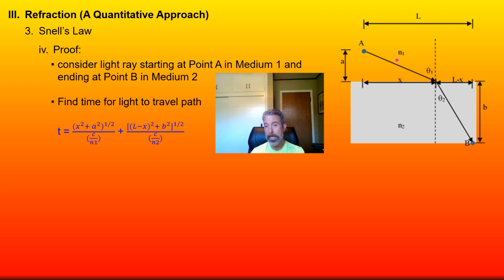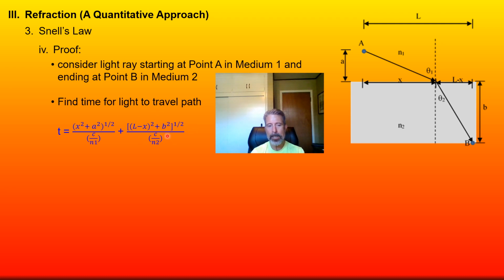Now the speed we will write in terms of the index of refraction, c over n1, the refractive index of the incident medium, plus the amount of time it takes our light ray to travel from the interface to point B, which is simply the hypotenuse of this right triangle here. So we take the square root of the sum of the squares of the legs of that right triangle, and we get our numerator here.